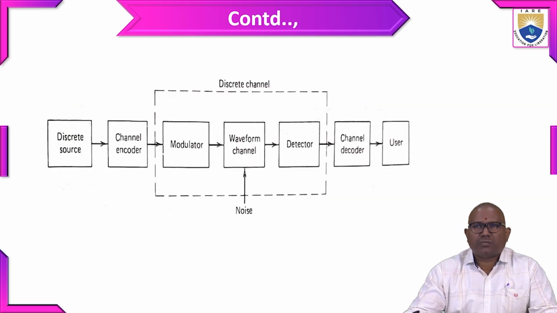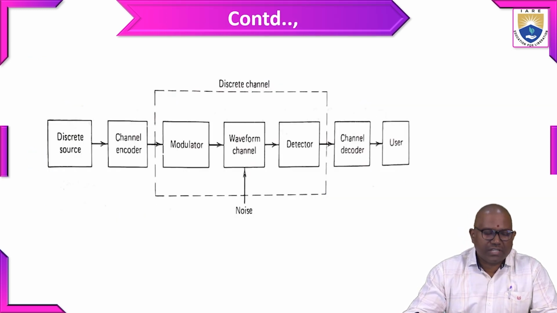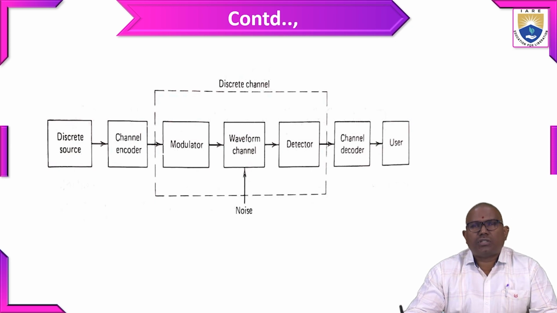So this is the transmission model. Here you can see the input is a discrete source, which means sending ones and zeros. This discrete source is applied to the channel encoder.